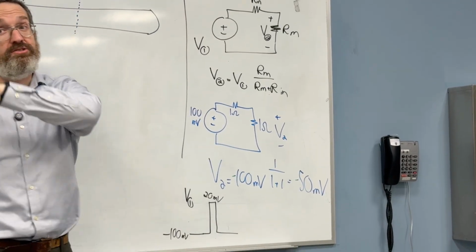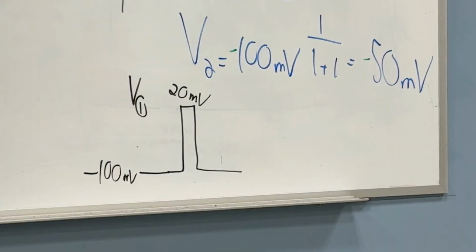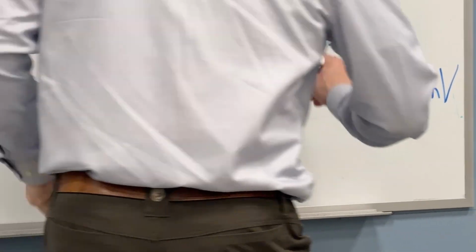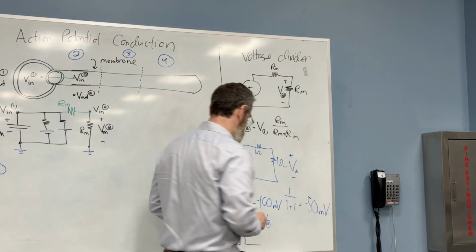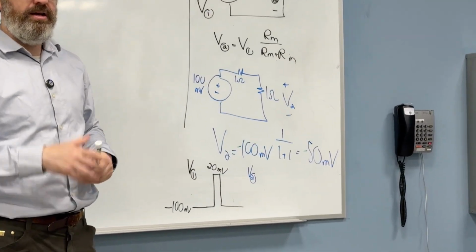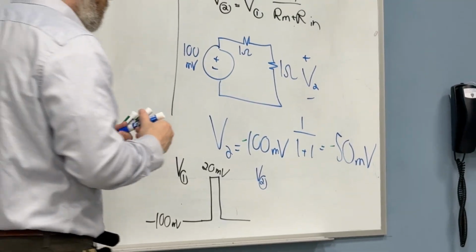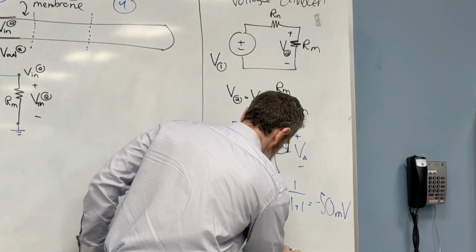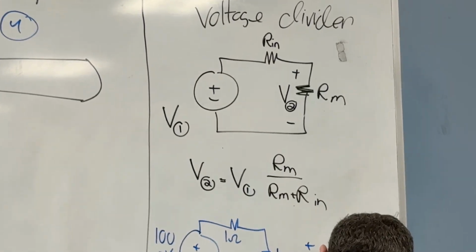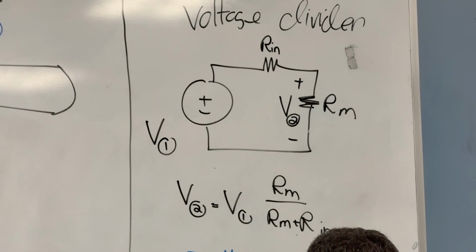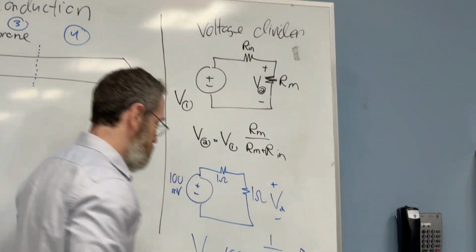And I can ask you in circuits class, what would happen? It's getting messy here, but what would happen to V2? And if you're tracking, you would say V2 would do something that looks like this. It would go from minus 50 millivolts to plus 10 millivolts.